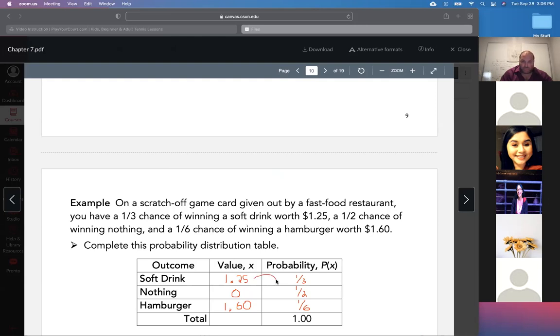We multiply 1.25 times 1/3, 0 times 1/2, 1.60 times 1/6, and then we add those three numbers. Got it. 0.68 with a bar over the 3. 0.683 bar would be the expected value. Oh, so I couldn't round up. No, they don't round. 0.683 bar.